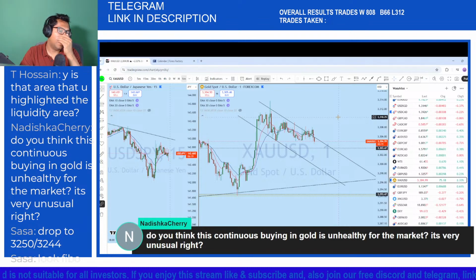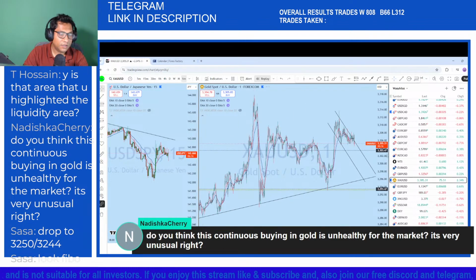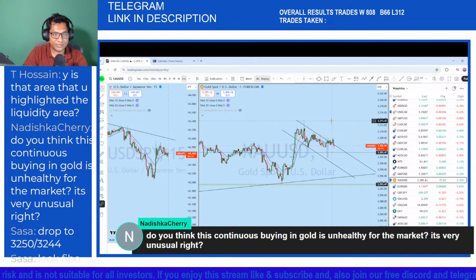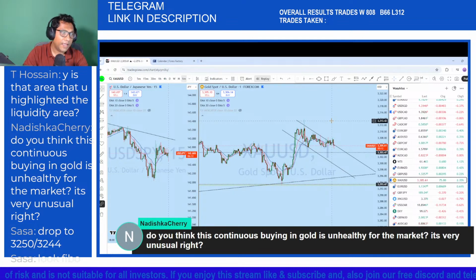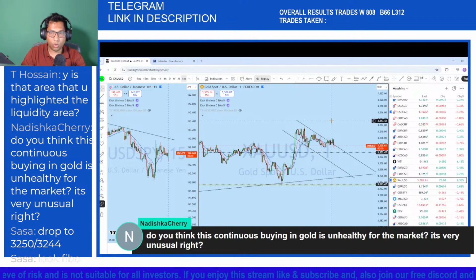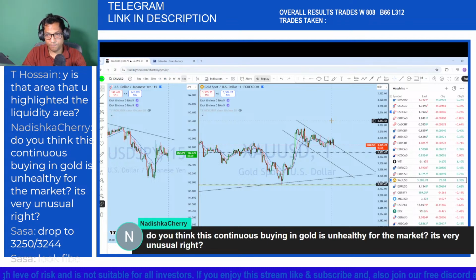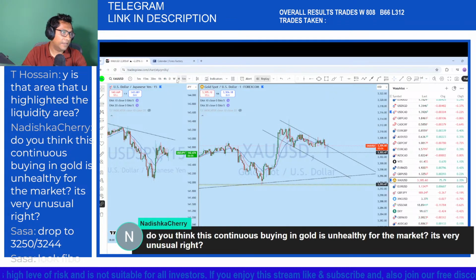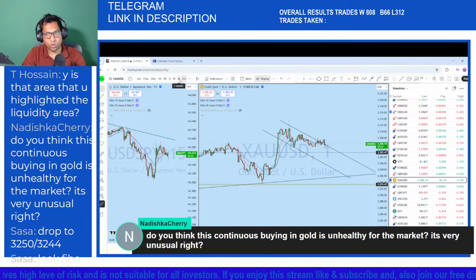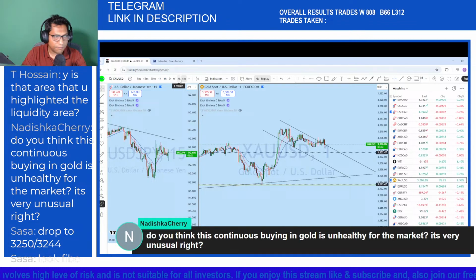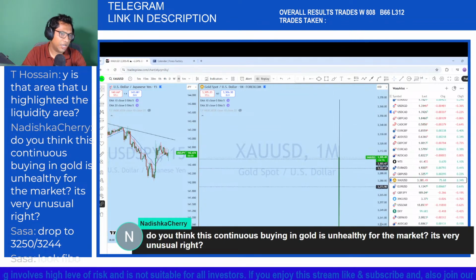At the moment it's in a strong bull move. At some point we could see the bubble burst, and we still don't know when it might burst, but it keeps pushing up at the moment.